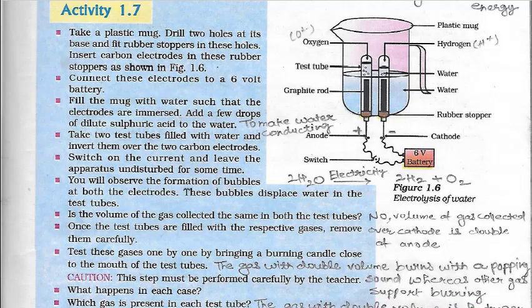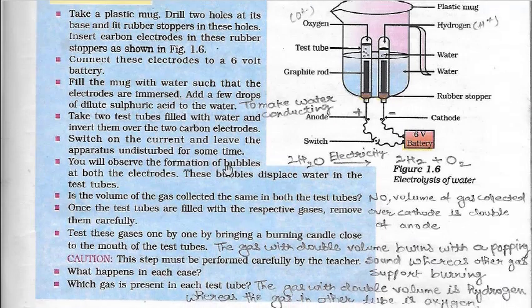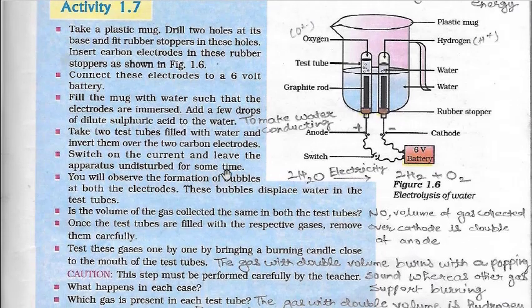Now they are asking which gas is present in each test tube. For that we must know the nature of the gas. As you know, hydrogen ions are positive in nature, H+, and oxygen is O2-, negative.